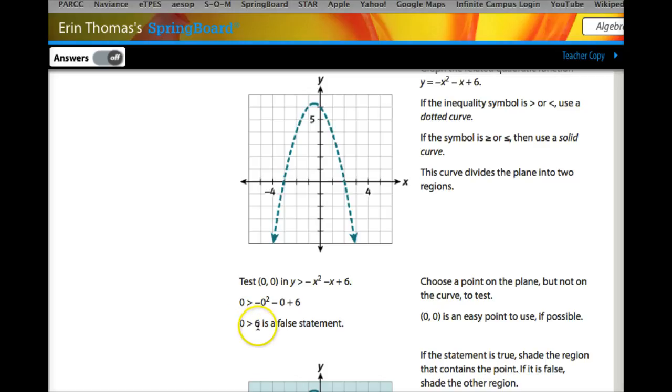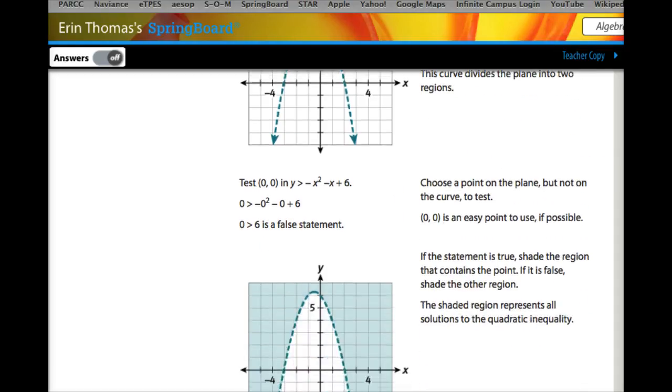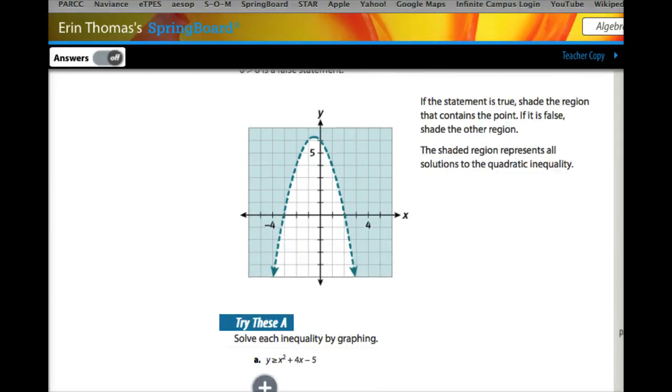When you plug it in, if you get a false statement, that means the area that contains 0, 0 should not be shaded. If you get a true statement, it means that the area containing that point should be shaded. So here they got a false statement, so that means don't shade where 0, 0 is. Shade the other area, which would be the outside in this case.